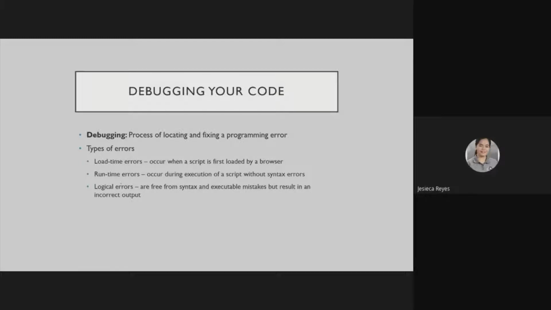Load time errors occur when a script is first loaded by a browser. The runtime error occurs during the execution of the program or script without syntax errors. Logical errors are syntax free and executable mistakes, but result in an incorrect output, like incorrect logic that you have used in your program.